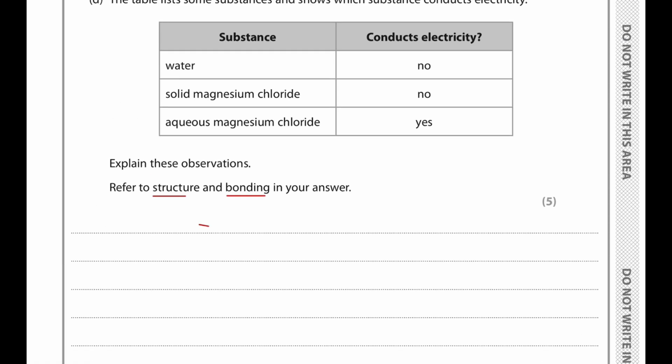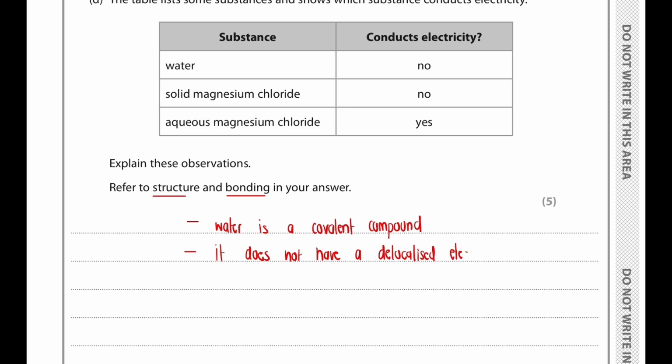So first one, water is a covalent compound. Okay, it does not have delocalised electrons which are free to move.